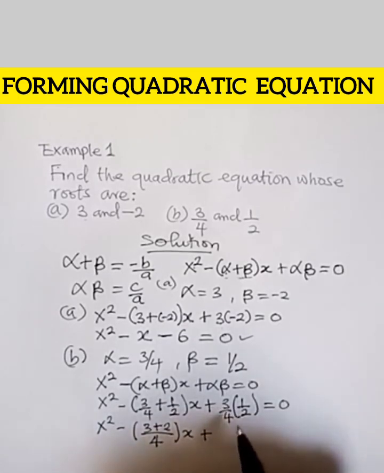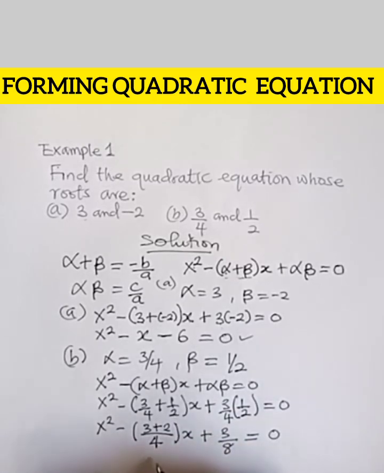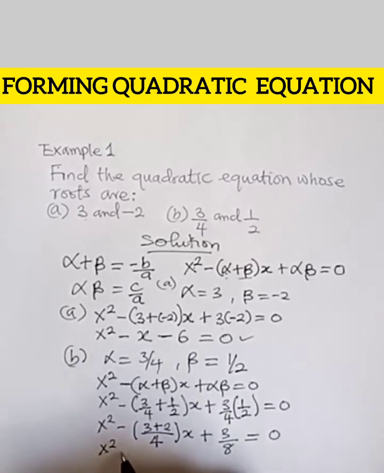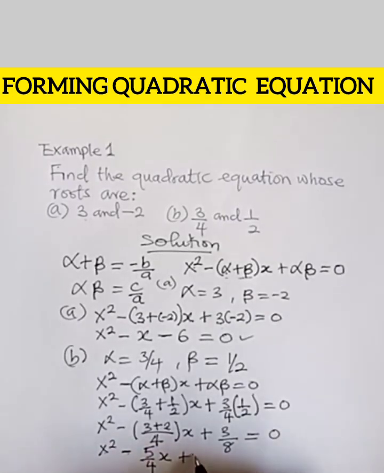Plus, then 3 times 1, I will have 3, 4 times 2, I will have 8, equal to 0. Now if I sum this place, I'm going to have x squared minus 5 over 4 x plus 3 over 8 equal to 0.